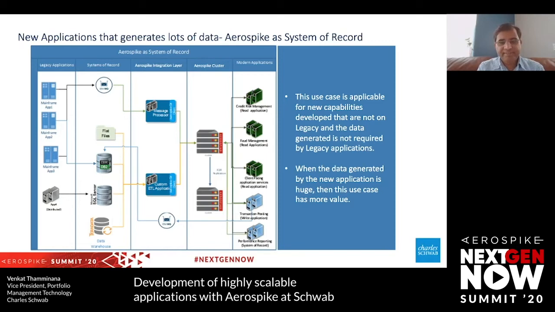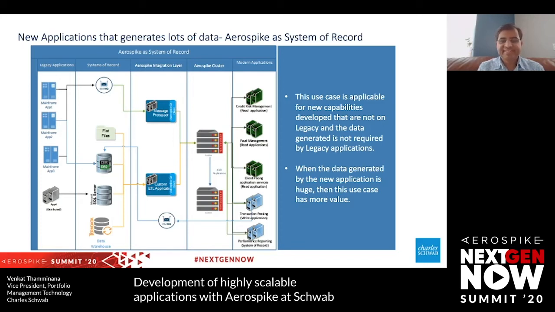And we are working on one of the projects where the data retention period and the amount of data stored is huge. This is a very good use case, but when the data retention and historical data we need to store is higher, then Aerospike makes even more sense.